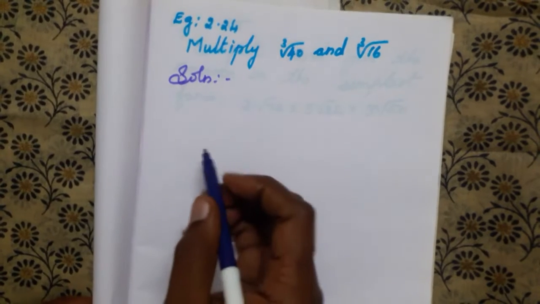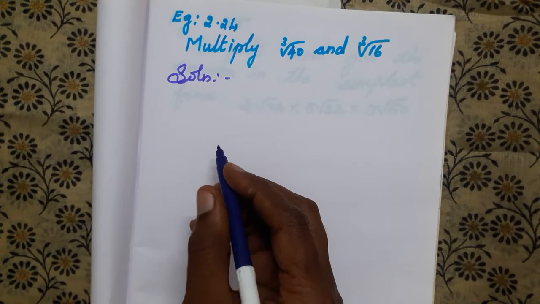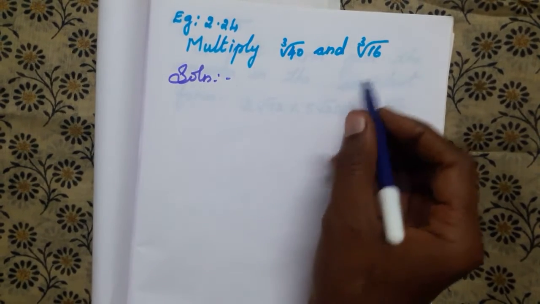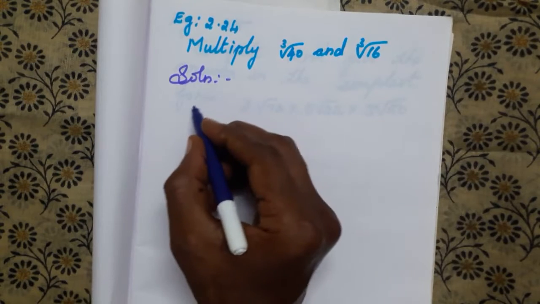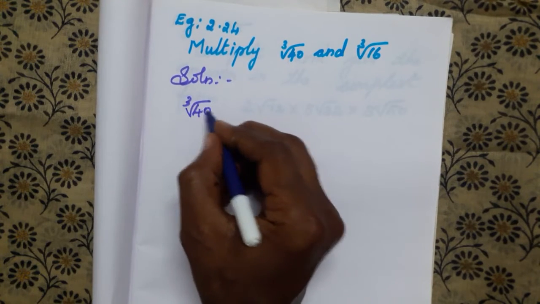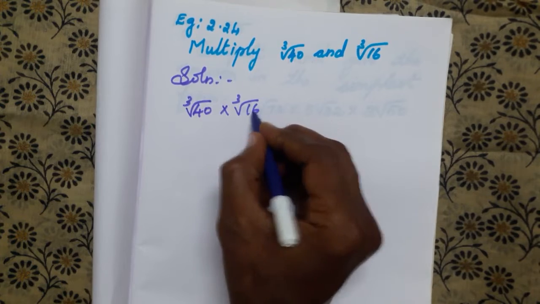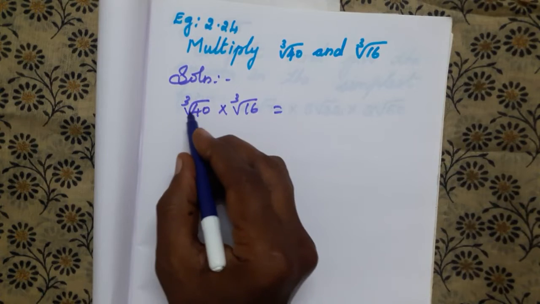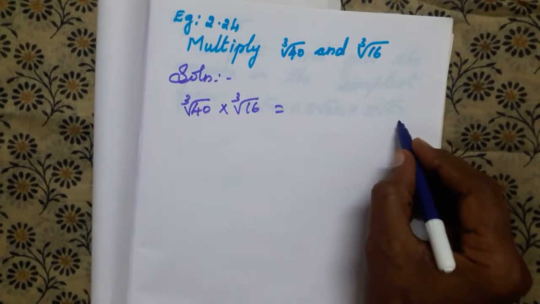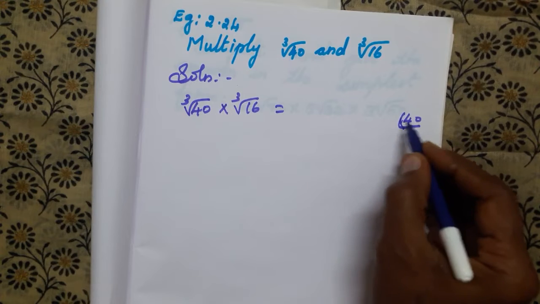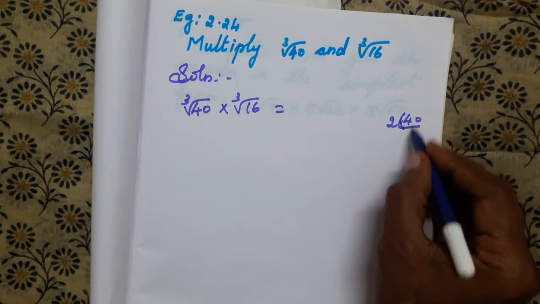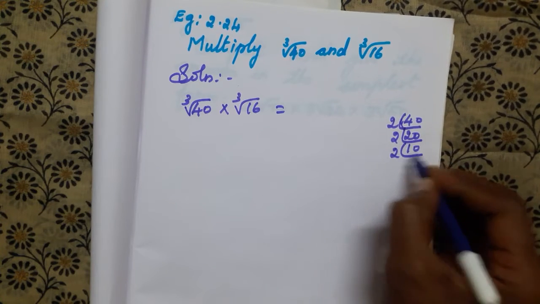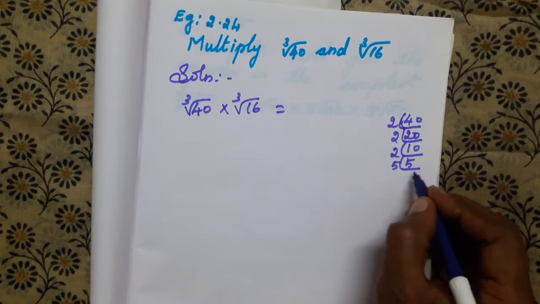Now I am going to explain example 2.24. Multiply cube root of 40 and cube root of 16. We have to multiply, that is cube root of 40 into cube root of 16. First we have to write the simplest form of cube root of 40. When we factorize 40, already we factorized: 20, next again 2 table 10, again 2 table 5, again 5 table 1.